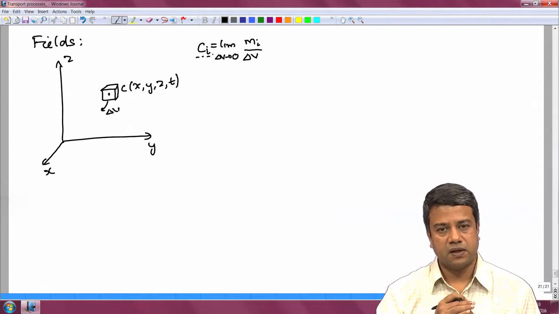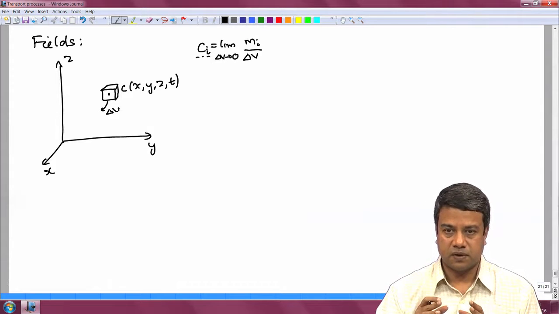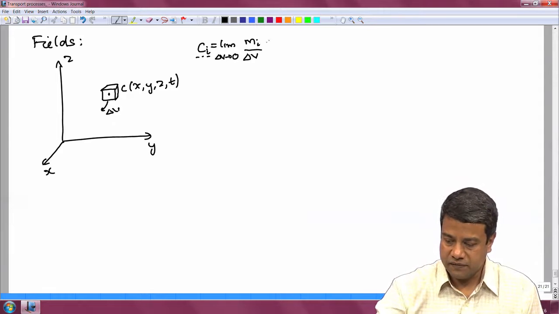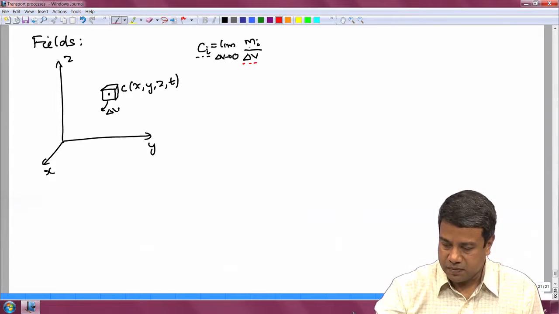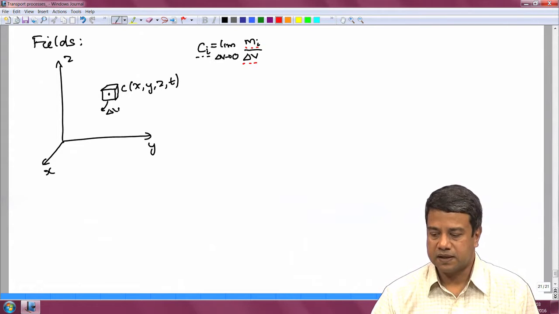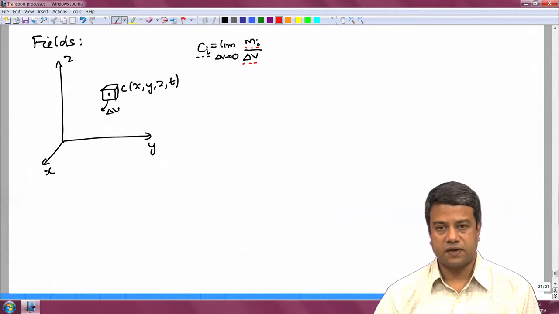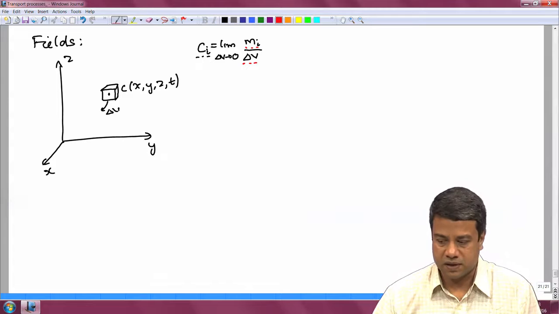If this volume is large, then of course, the concentration will depend upon the size of the volume and the location. However, in the limit as delta V goes to 0, the mass within that volume also goes to 0 in such a way that the ratio of the two approaches a constant value. That is the value of the concentration at that location.